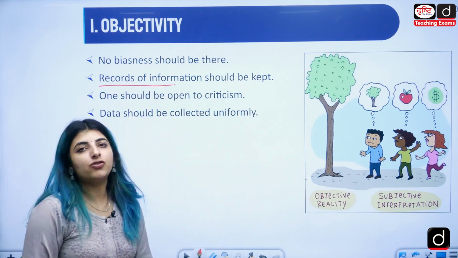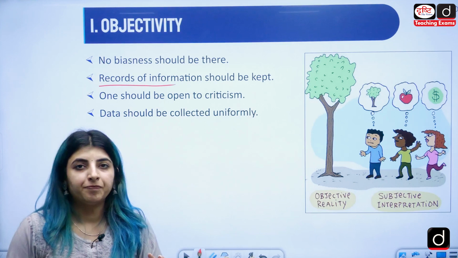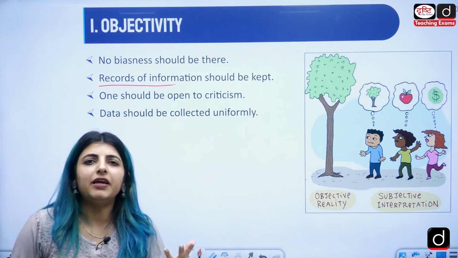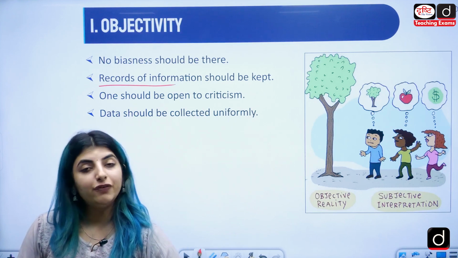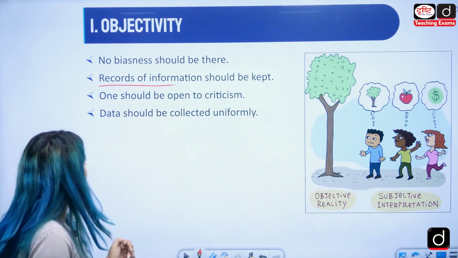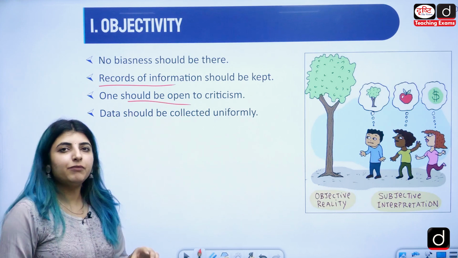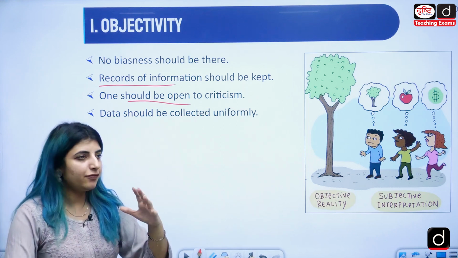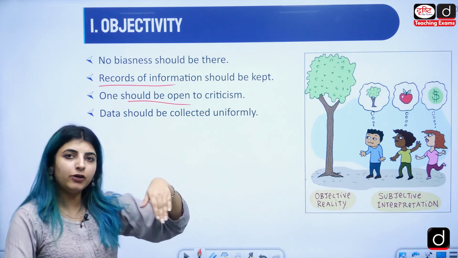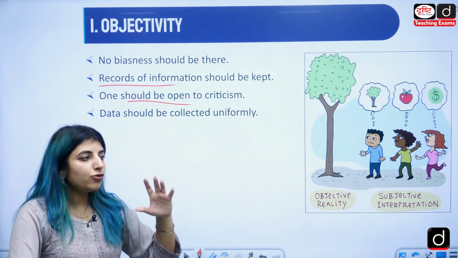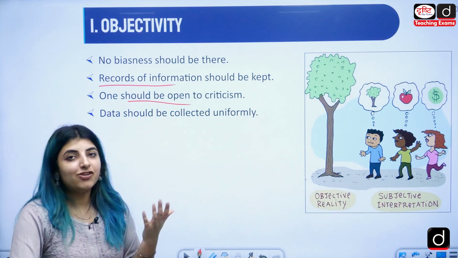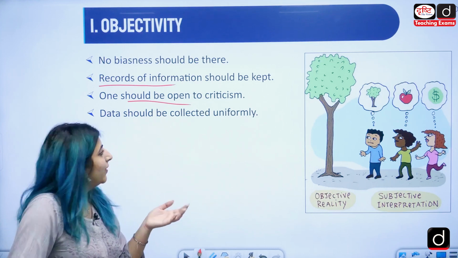Records of information should be kept because you want to check, or if anybody in the upcoming times asks you certain questions about your research, you will have the evidence along with you. One should be open to criticism because if you develop something, the next person can develop something new as well. So you should be open to criticism. Not each and every person on this earth is going to like you, correct?